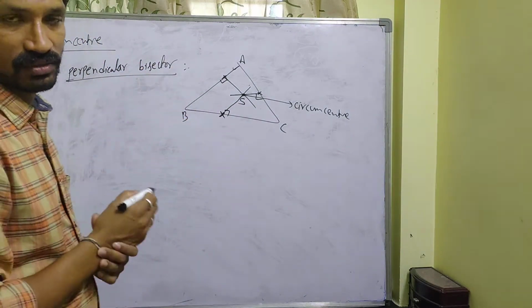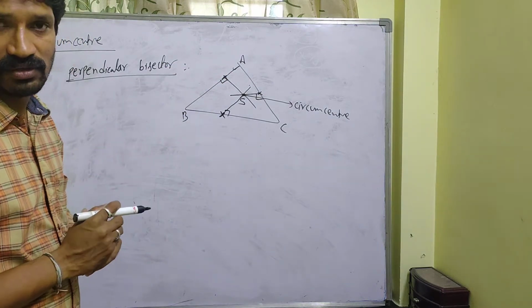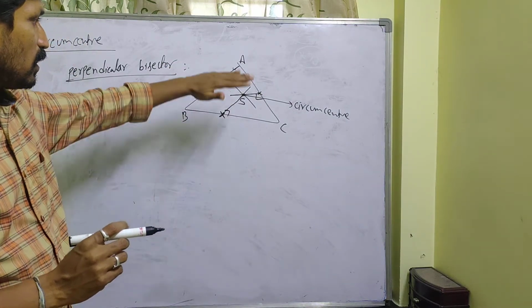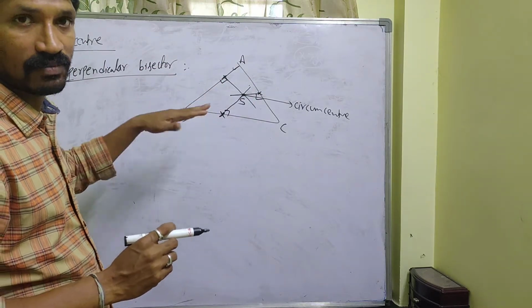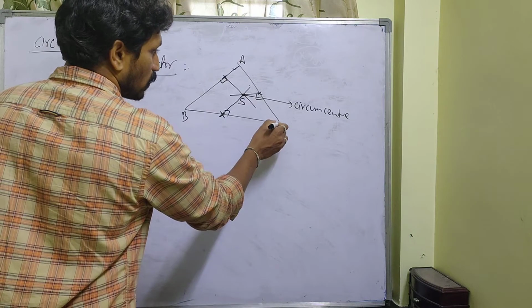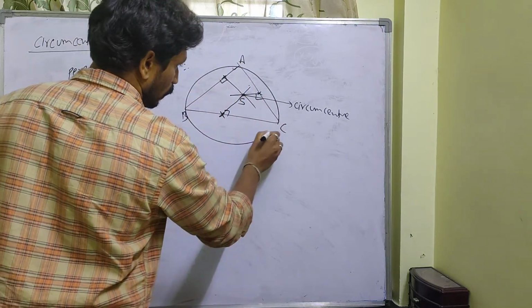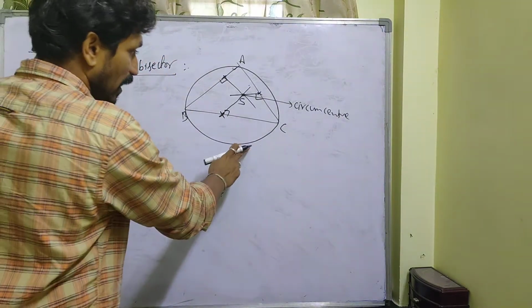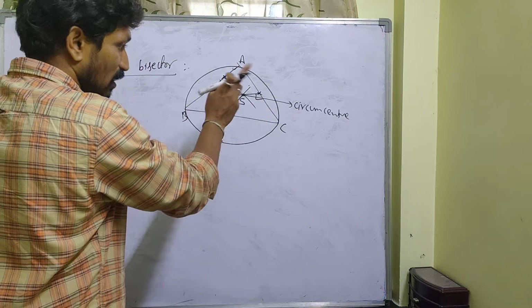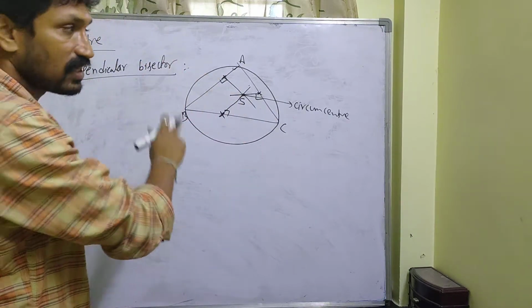In other words, the circumcenter is the center of the circumcircle of the triangle ABC. Circumcircle means the circle passing through the vertices of the triangle. The center of the circle is called the circumcenter, and the radius of the circle is called the circumradius.